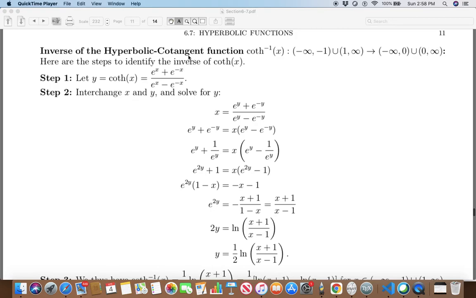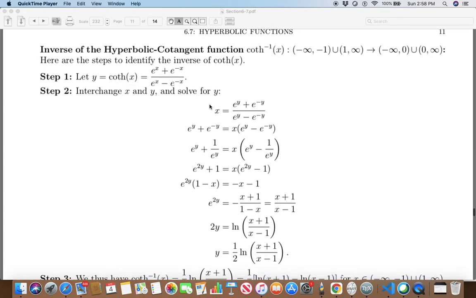Lastly, the inverse of the hyperbolic cotangent function. Cotangent hyperbolic is away from negative 1 to 1, so you have the interval negative infinity to negative 1 open, union 1 to infinity open. You land into all real numbers except 0. To identify the inverse of cotangent hyperbolic, set y equals cotangent hyperbolic x, interchange x and y, solve for y.